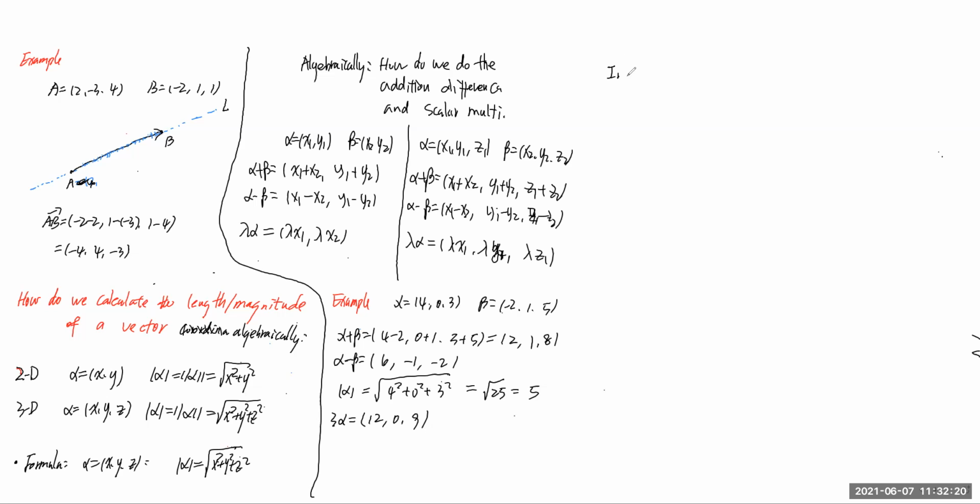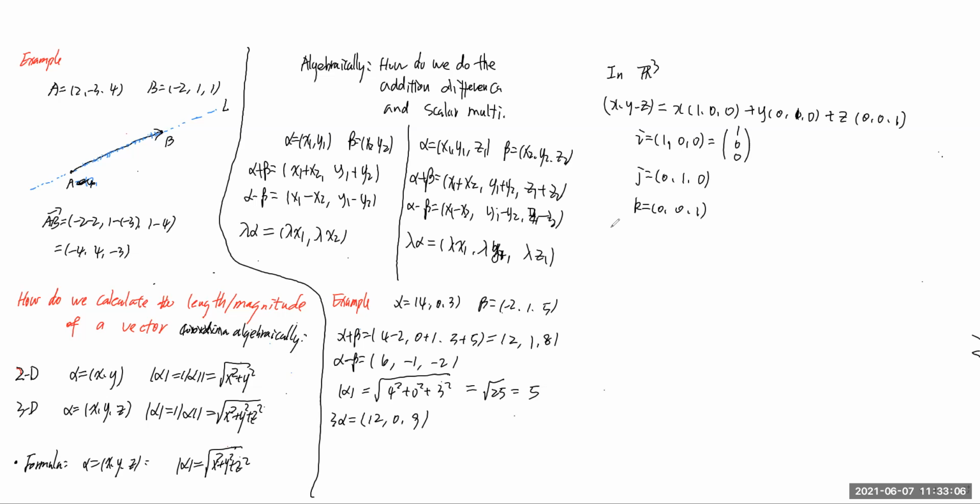In R3, every point (x, y, z) we can write in this form: x(1, 0, 0) plus y(0, 1, 0) plus z(0, 0, 1), right? We write i as (1, 0, 0), j as (0, 1, 0), k as (0, 0, 1).